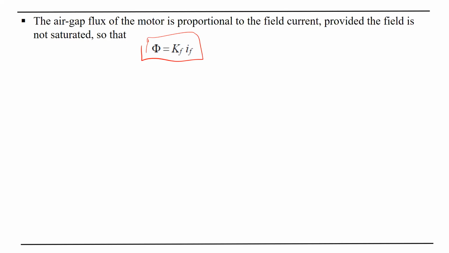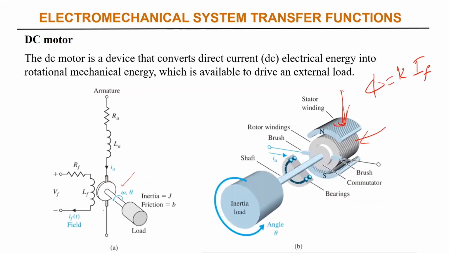Okay. Now, there is another relationship. I'm passing a current through this one, producing a magnetic field, and I'm passing a current through the coil, through the rotor, sorry. So you will have two fields. They will interact. What do they produce?